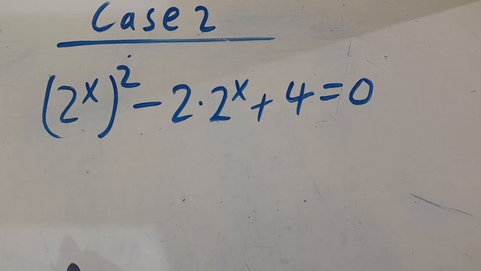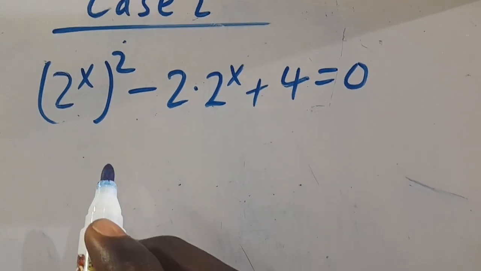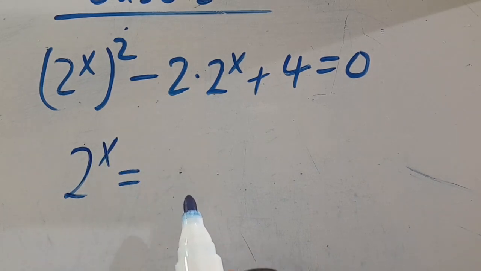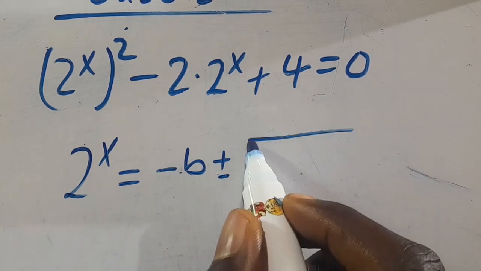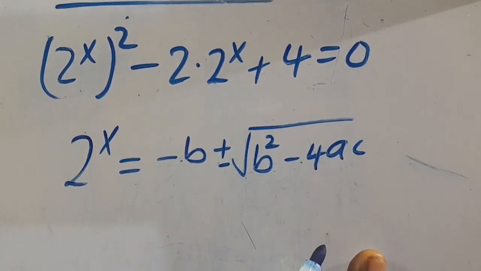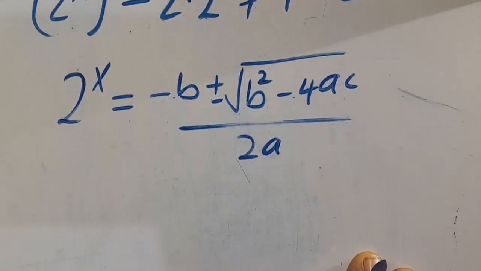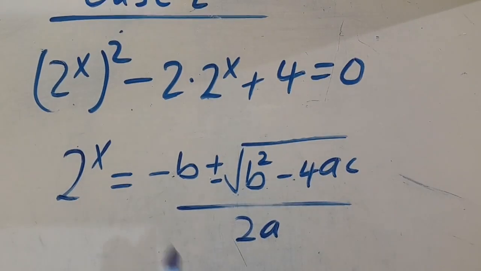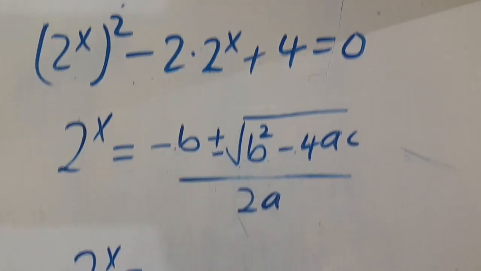So now from here, we can use the quadratic formula to solve this, where we are going to have 2 to the power of x equals minus b, positive or negative, root of b squared minus 4ac, then all divided by 2a. So from here we have 2 to the power of x equals, our parameter b is the coefficient of 2 to the power of x, which is minus 2, and here is already minus.